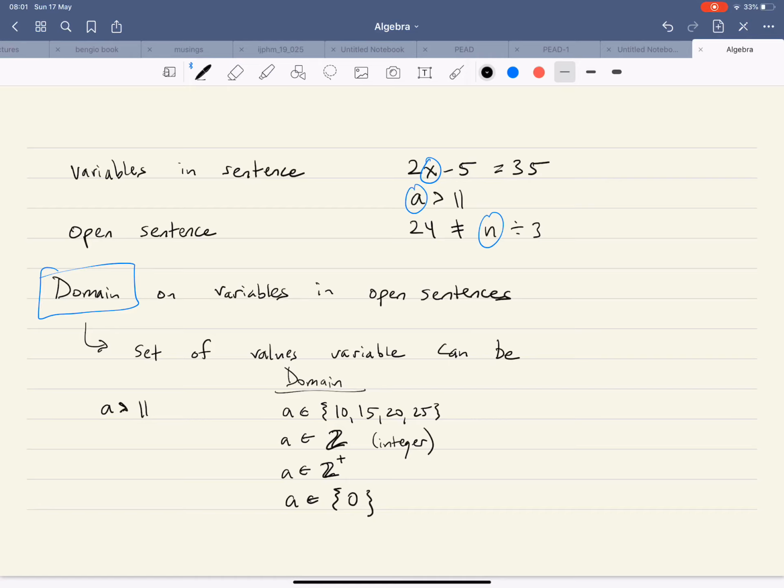And once I specify the domain, then there's going to be a subset of the domain where when the variable is in that subset, it satisfies the expression. Okay? So let's make a note of that.